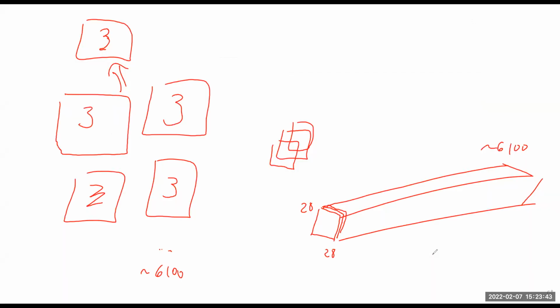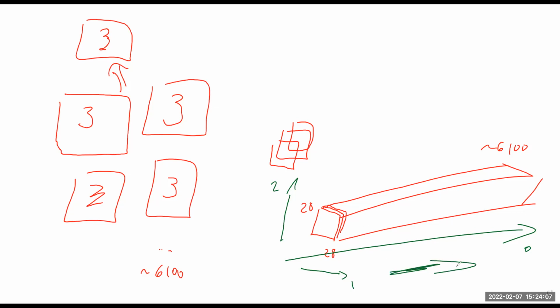This has 3 dimensions, so if I use a different color, let's say green, there's that dimension, there's that dimension, and then there's that dimension. So that's the first dimension 0, and then the other ones are 1 and 2. We are going to do the average along this dimension in that direction.